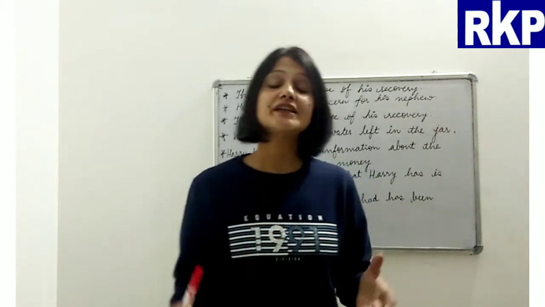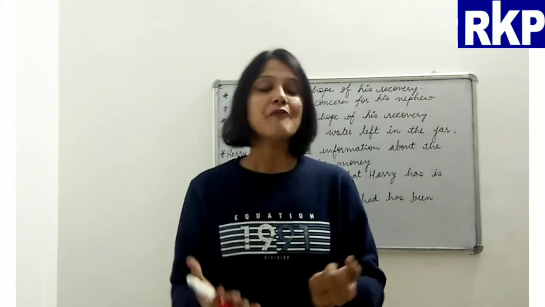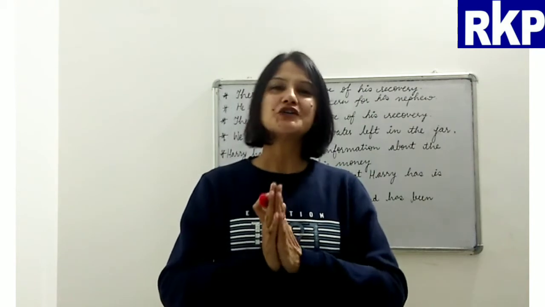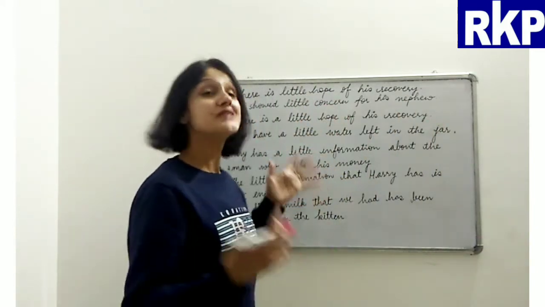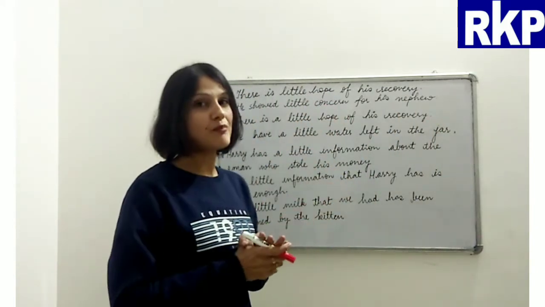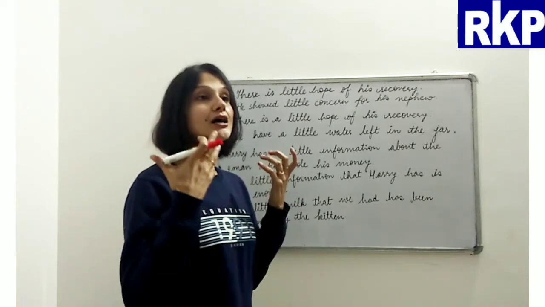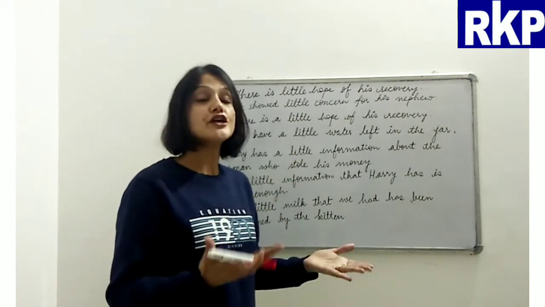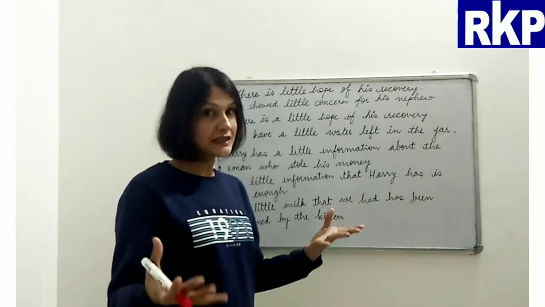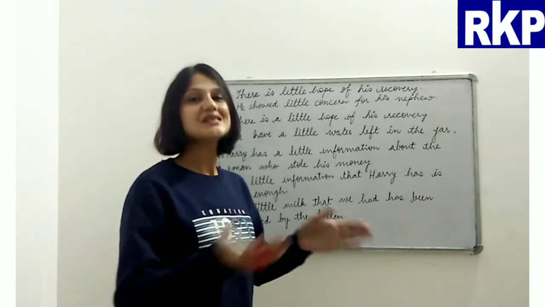Now I have already told you about little, a little and the little, but of course without looking at the examples, it is very difficult to understand a concept. So here I come up with a few sentences, with the help of which we will try and understand how actually we use little, a little and the little in sentences.